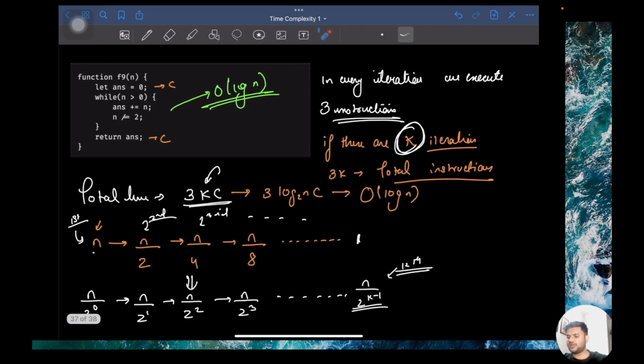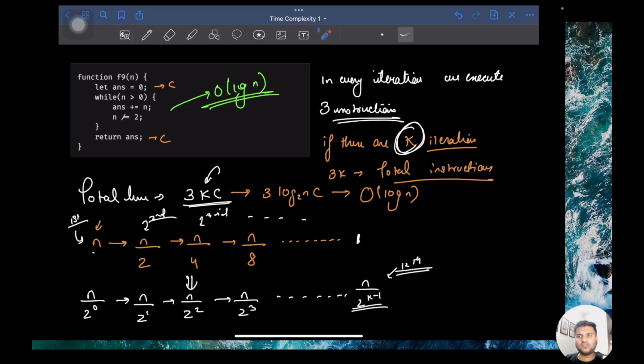So if you do a multiplication by 2 again and again, then you can maybe go for a log n kind of thing. Not always, but in some cases you can think in terms of log n. Similarly, when you are doing a division by 2 again and again, not always, but a lot of the time it will be somewhere around log n.